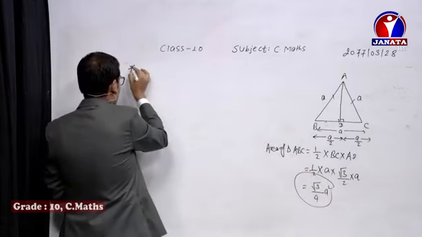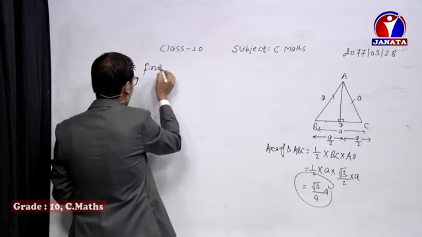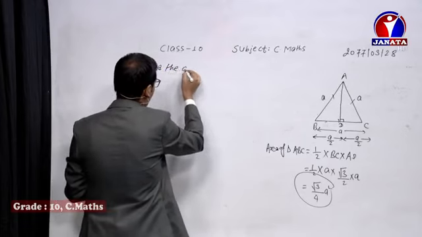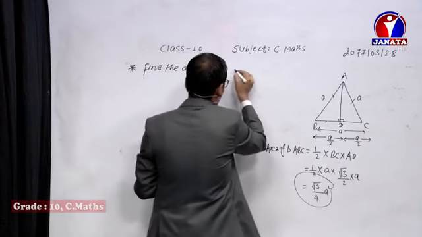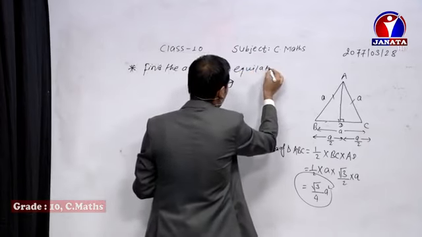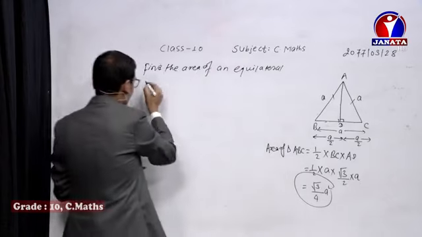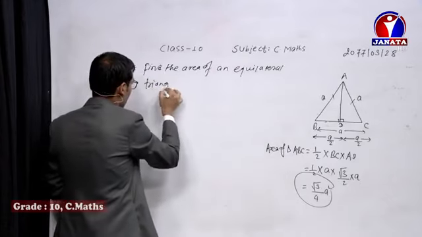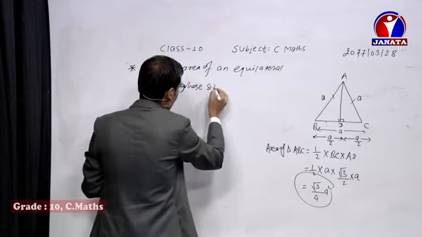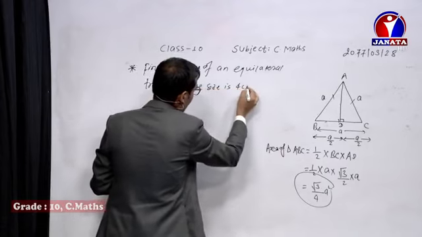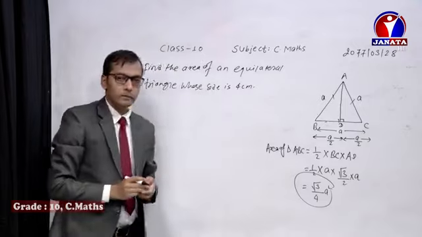So let's take an example. Find the area of an equilateral triangle whose side is 4 centimeter.